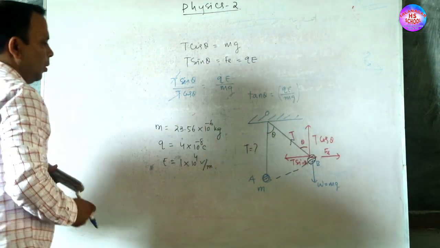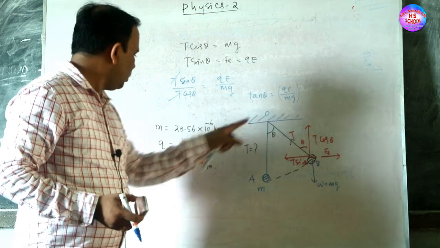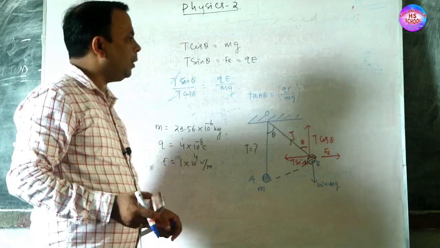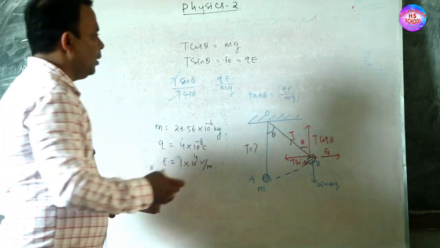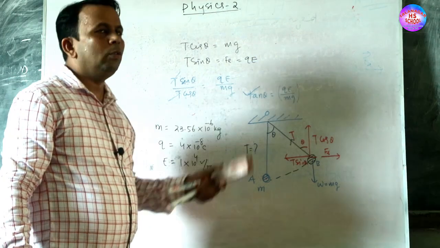We know all the values. Charge is given, electric field strength is given, mass is also given, and g is 9.8 meter per second square. So substituting all the values, we have the value of tan theta.